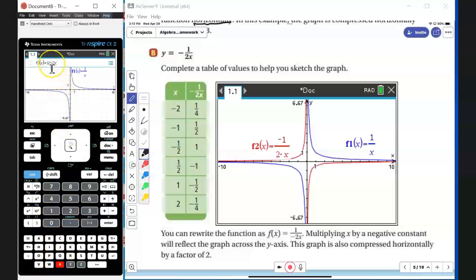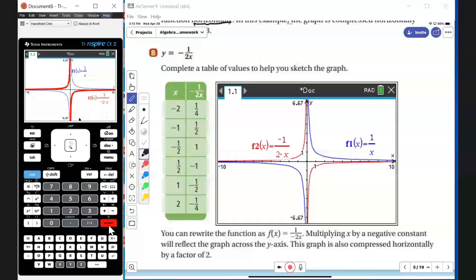And since that negative is in the denominator, I'm going to put control equal. So yeah, let me rewrite this because I want it to come out accurate. So control division 1/-2x. And since that negative is in the denominator, it's going to reflect over the y-axis, and you're going to see that.